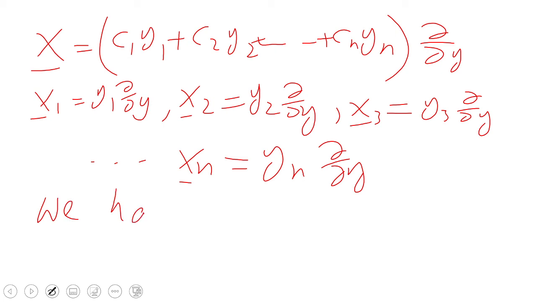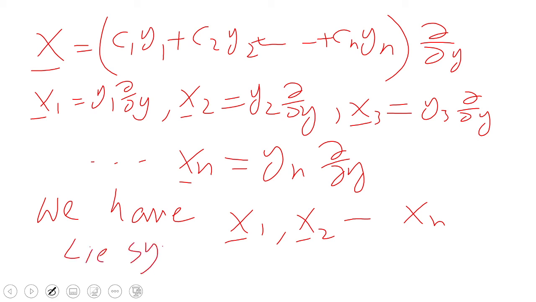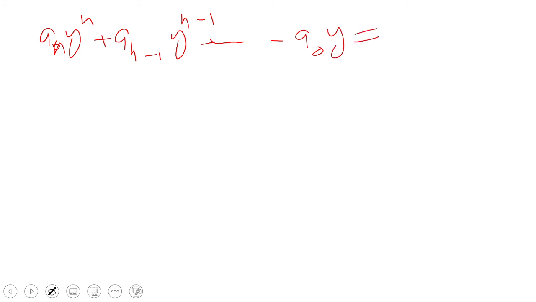We have these n Lie symmetry generators for the homogeneous equation a_n y^(n) + a_(n-1) y^(n-1) up to a_0 y equal to 0.